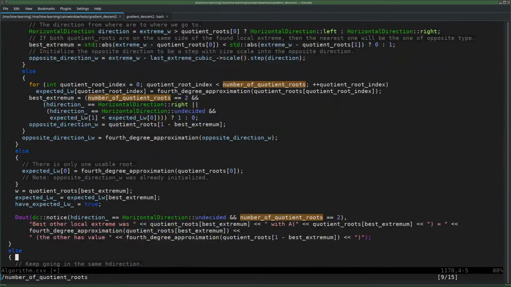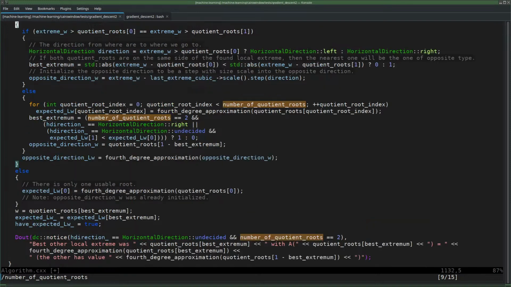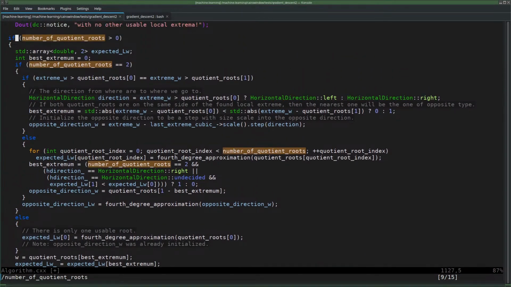But the else then means there is only one usable root, which we don't simply use. And the reason that there's only one, because we only got here when they were larger than 0, and if it is not 2, then it must be 1.